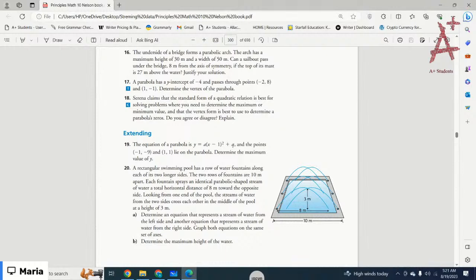From the equation, the axis of symmetry is x equals 1, right? So because the axis of symmetry is 1, there is a point 1, 1, right? That means the maximum value of y is 1.